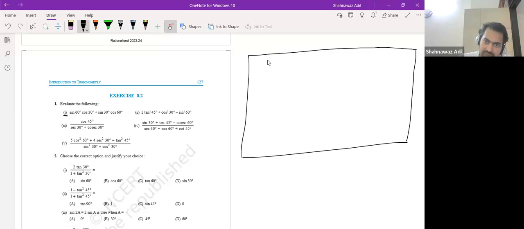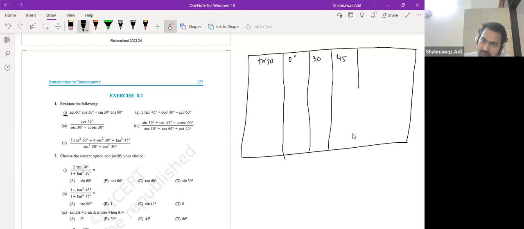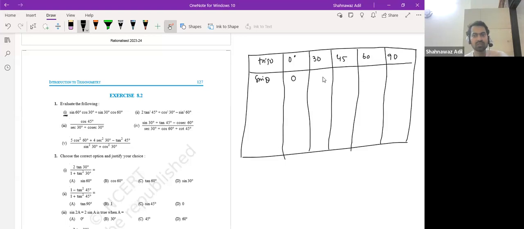So trigonometric function, and then 0 degree, 30 degree, 45, 60, and 90. If I write sine theta, this is 0. Sine 30 is how much, Amar?